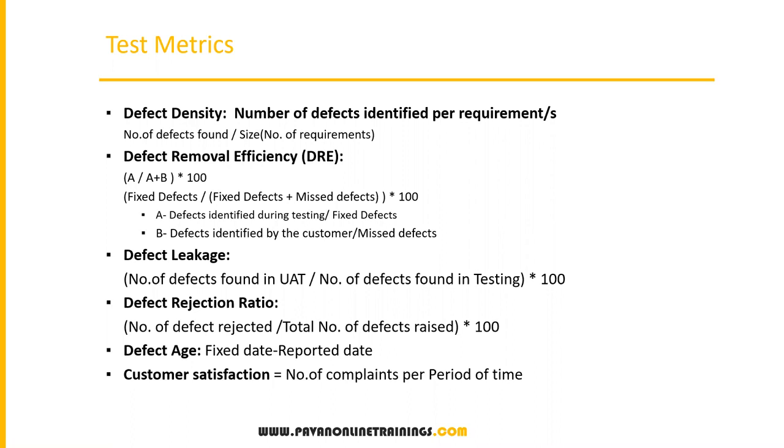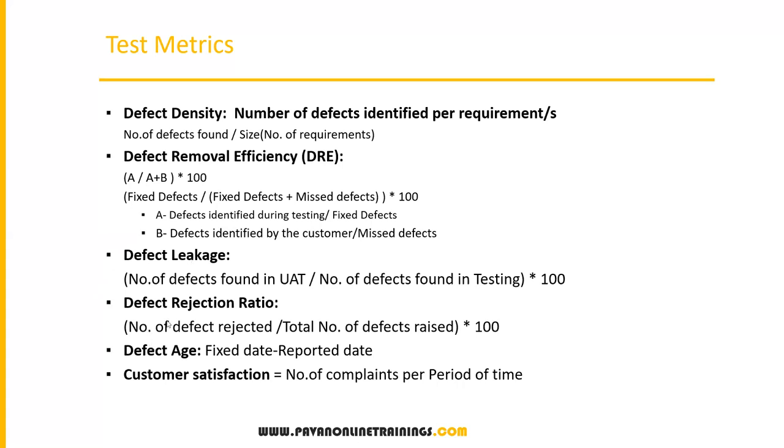So how can you calculate defect leakage? Number of defects found in UAT, user acceptance testing, divided by number of defects found in testing, into 100. That will give you defect leakage.